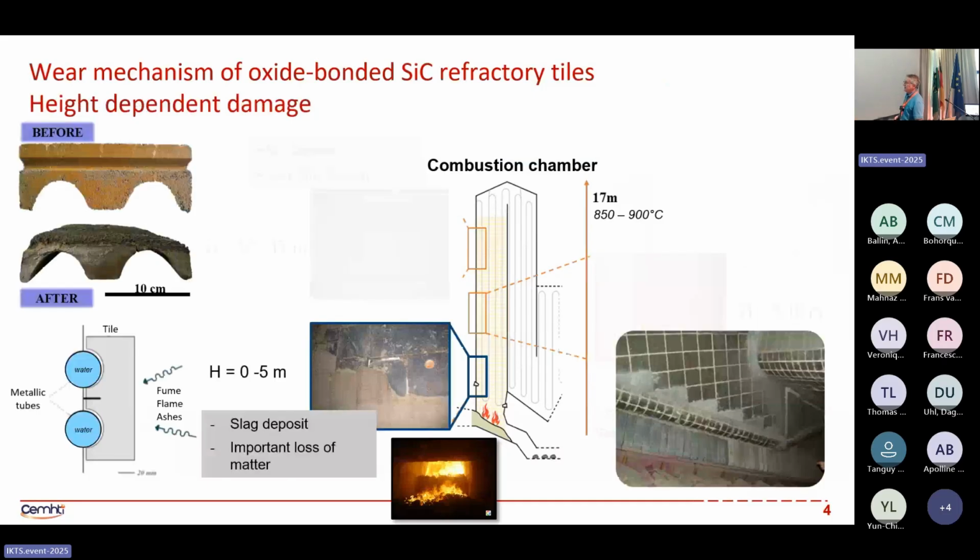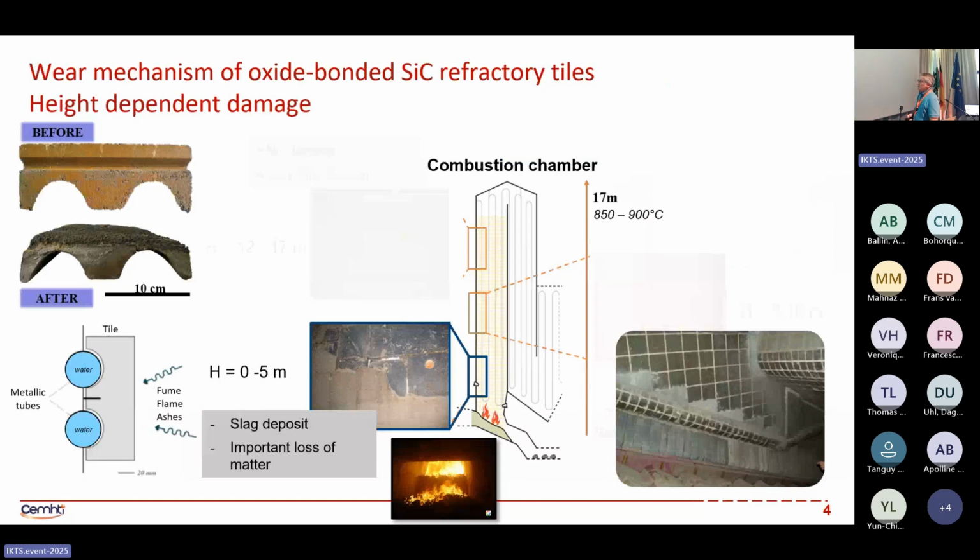Okay. And in this part, you have to change some of the tiles every year. So you have to stop the facility, wait for the cooling, etc., etc. So it's very expensive. So you have no time to do that. Okay. So if you are able to multiply the lifetime of these tiles, it will be nice. Okay. This was the challenge.